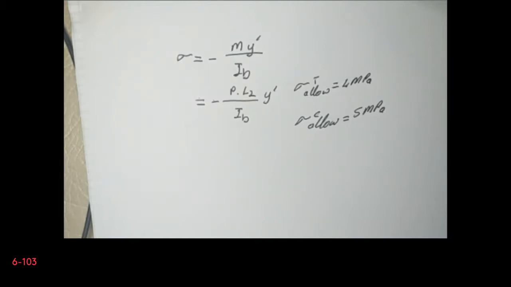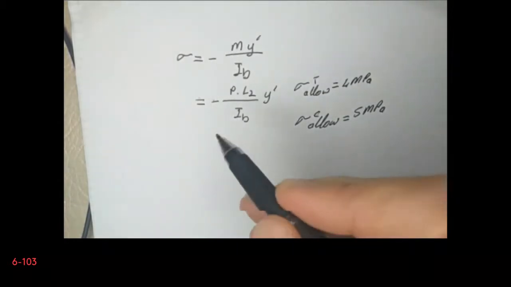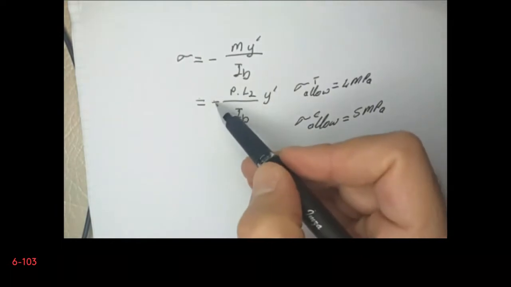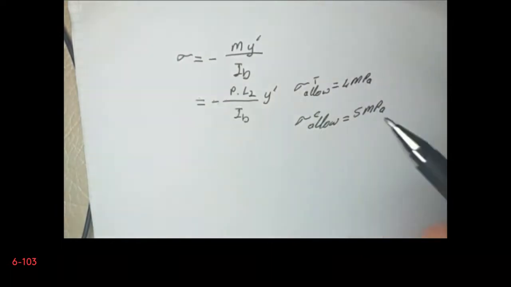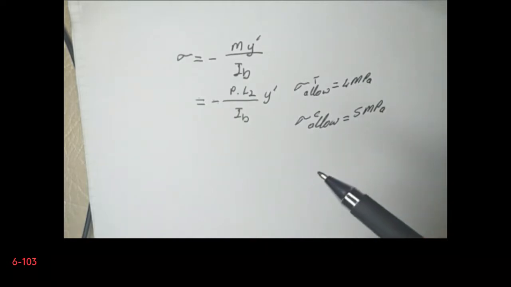Okay, so we have 5 megapascal and 4 megapascal stresses in fact. So let's calculate the value of the P. Now I will omit the negative sign here because I know where the tension and compression occurs.